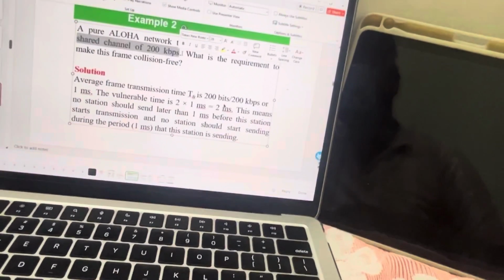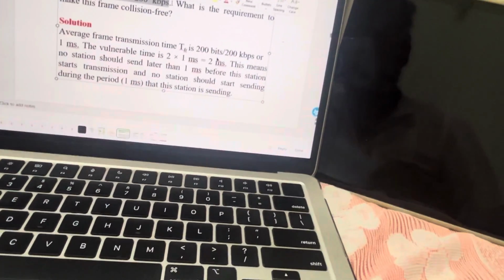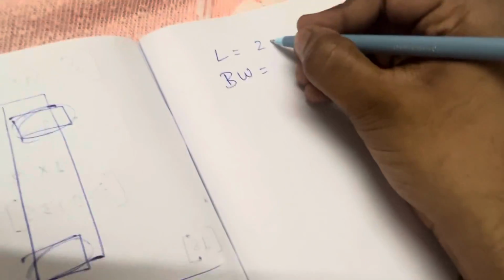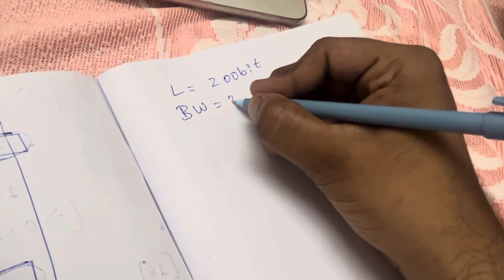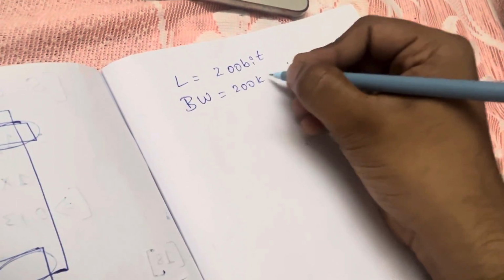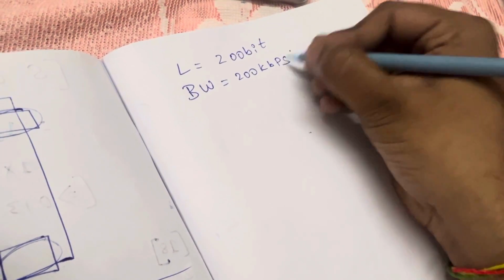So first, what is given to us? Let's write down what is given. L and BW are given. L is 200 bytes, as you can see in the question, and BW is 200 kbps.